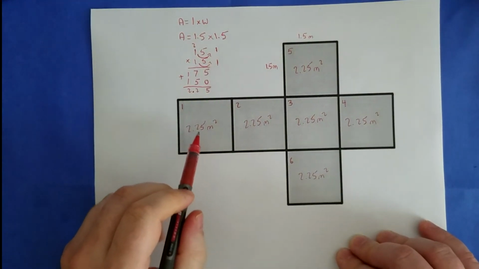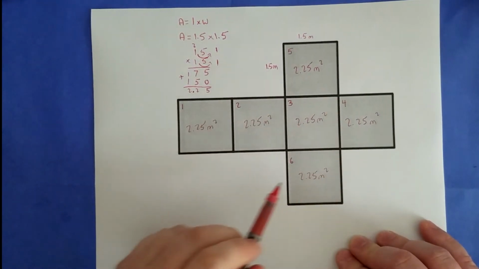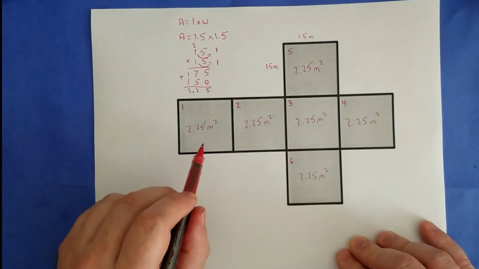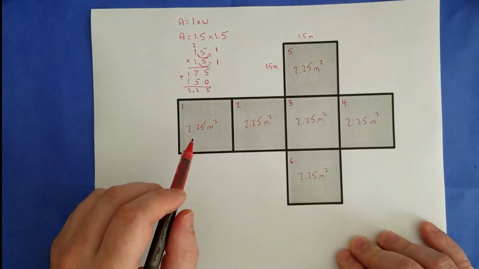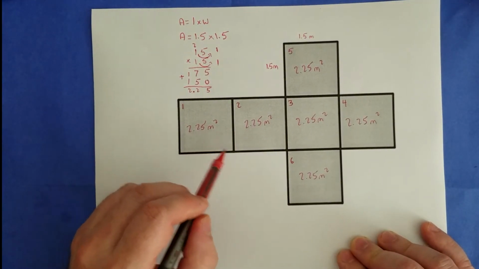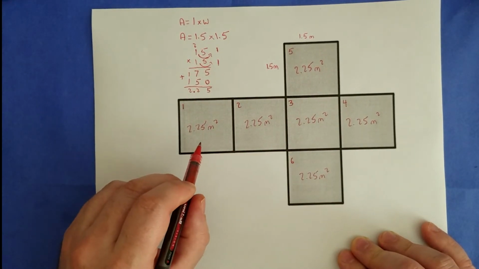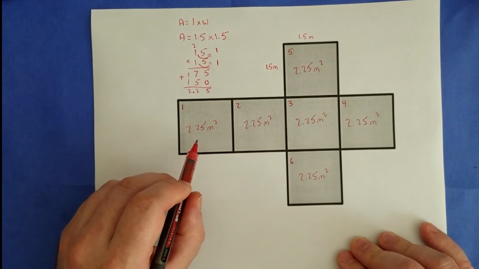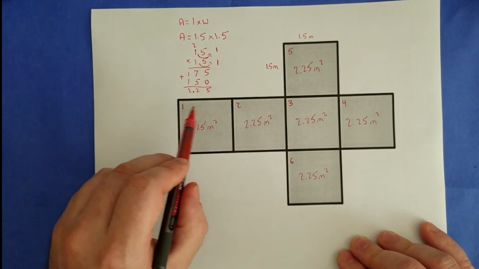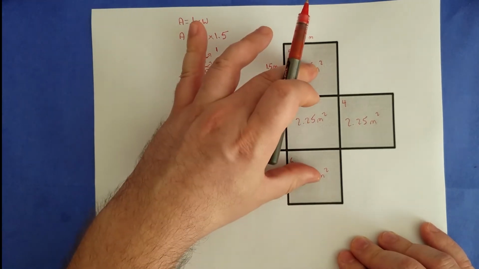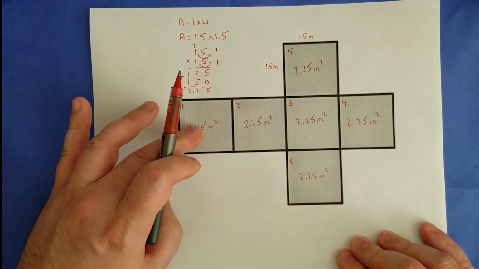So now I want to find the surface area for this entire polyhedron. What I'm going to do is multiply. I could add, I could do repeated addition, but we're in 6th grade. We can be a little more advanced than that. We're going to multiply. So I have how many shapes? 1, 2, 3, 4, 5, 6. 2 bases and 4 faces.